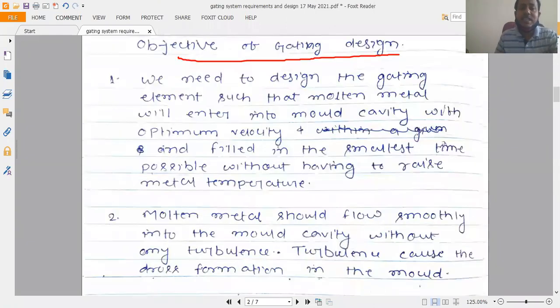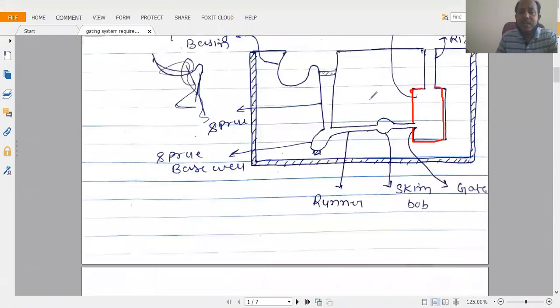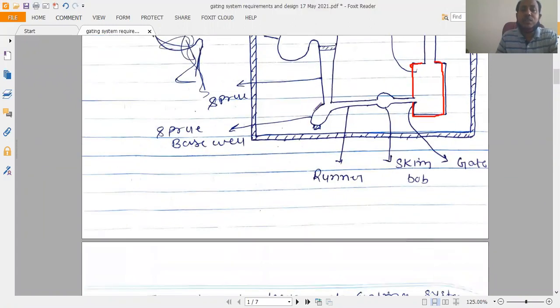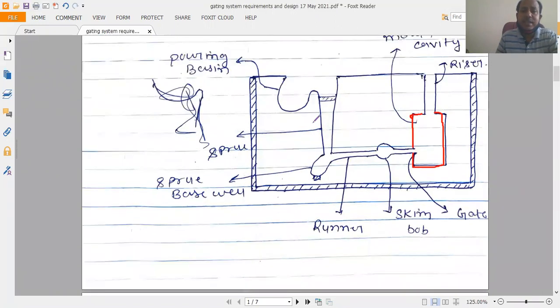If the molten metal is poured directly, or we do not use the gating system, then oxide forms as the metal reacts with atmospheric air, and slag or metallic oxide will be formed, so proper solidification will not occur. So we use the gating system, so that no turbulence will occur.